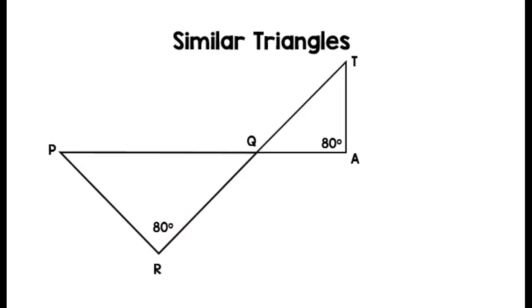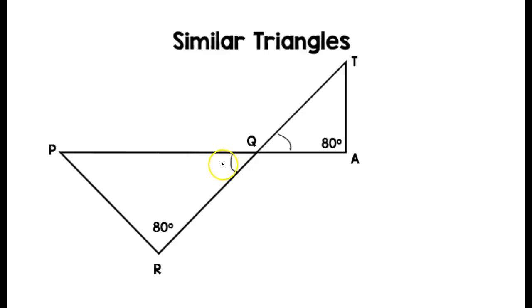Last one here, and this one might look a little different, but we know something about vertical angles that is going to help us here. We have two intersecting lines. We know that when intersecting lines form vertical angles, these angles are congruent to one another.